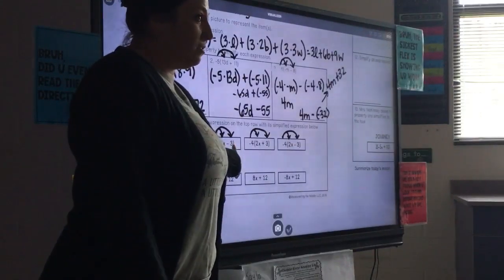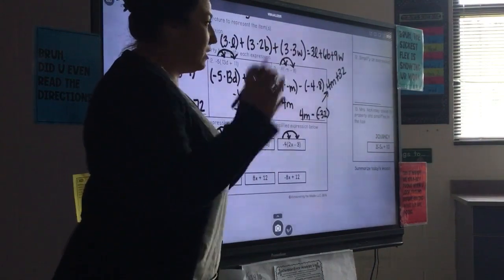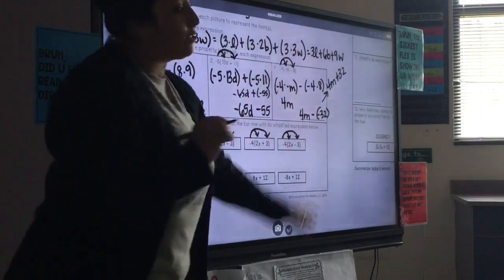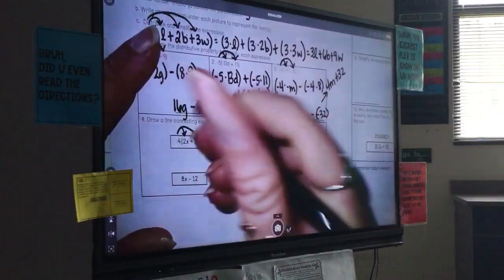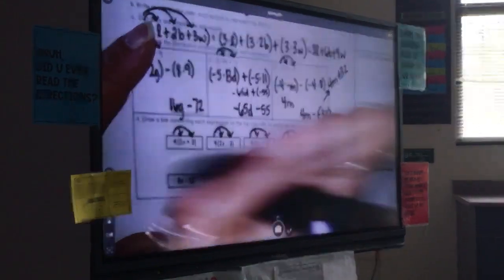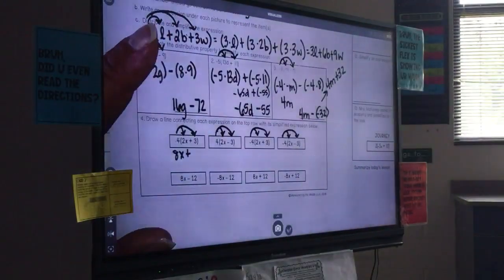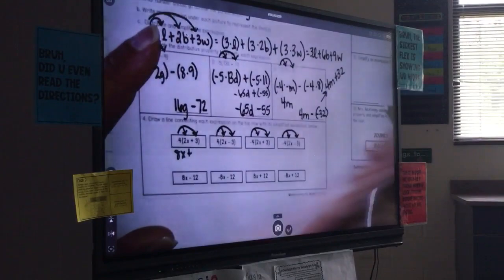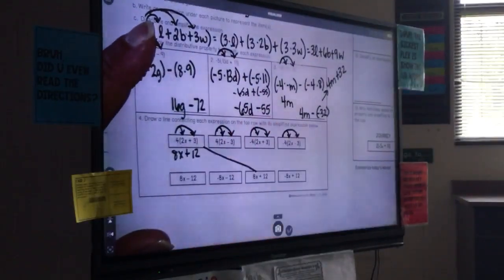Does that make sense? So this would become 4 times negative 3 inside your parentheses. The answer key does not have that, but I disagree with the answer key, so I'm going to do what I do. So you have 4 times 2x, which gives you what? 8x plus 12, or 4 times 3? 12. All right, so this one goes there.